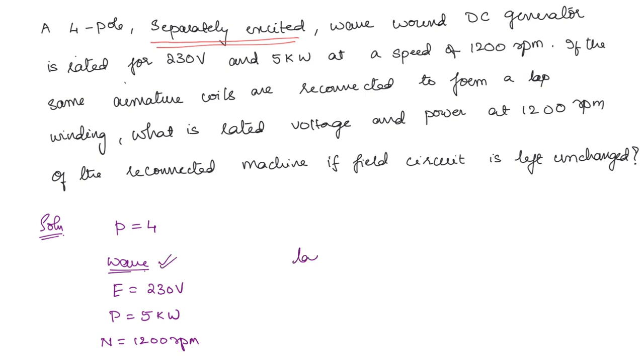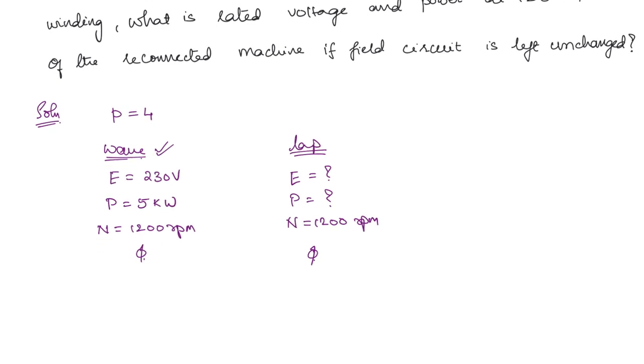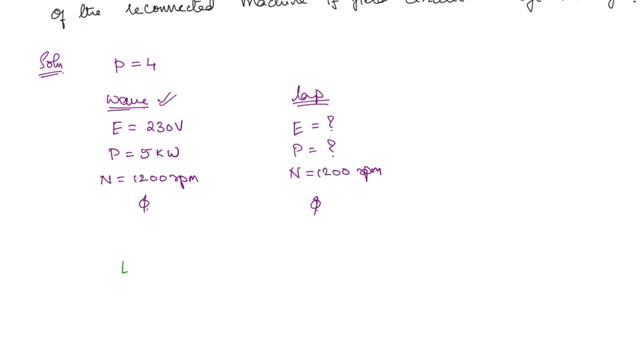Now what about the lap case? In this case we have to find out the rated voltage and the power, given that speed remains at 1200 RPM and the flux is unchanged. Now we have seen the expression for the EMF. This is given by phi ZPN divided by 60A.